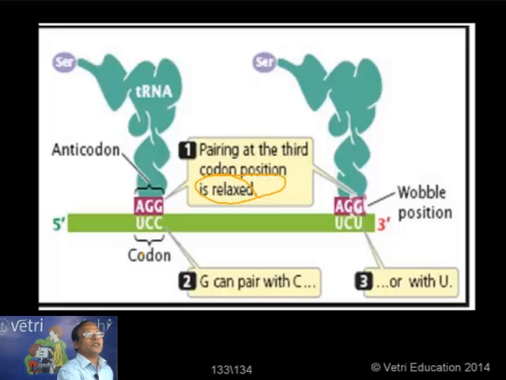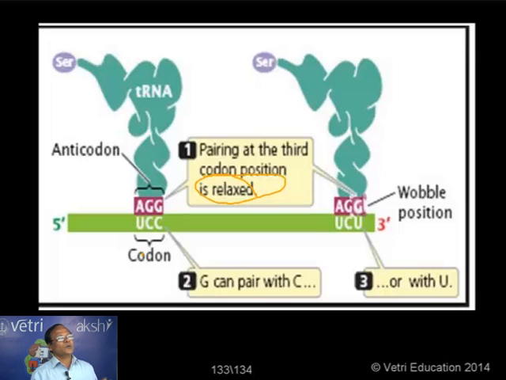It is possible because of the relaxation of the third base in the anticodon, so that G can pair with C, or G can also pair with U. This is what is happening. That is called the wobble hypothesis, proposed by Crick, simply to compensate for the shortage of tRNAs in some organisms.